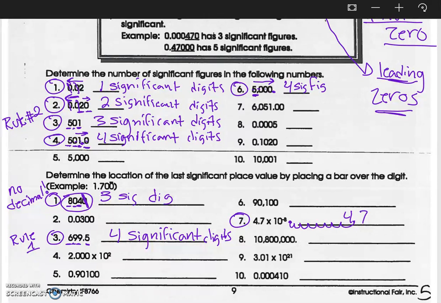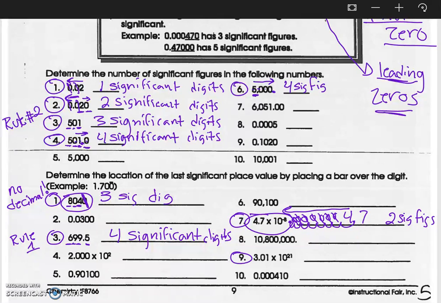So we can add in there 7 zeros in front of that 4.7 to write this out in standard notation. And what do we know about all of these leading zeros? Leading zeros are not significant. So how many significant digits are in this? Only 2.